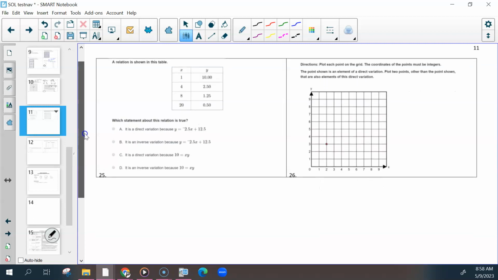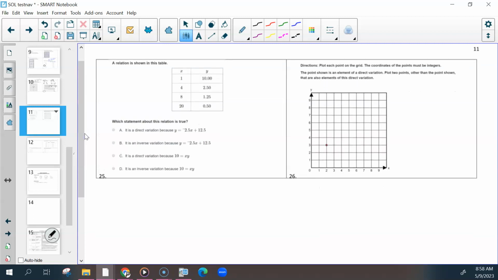25. It tells us a relation. And then they're asking, is it direct or inverse? One, we can get rid of some of these because direct can't have a y-intercept, so it can't be A. Direct doesn't look like this.